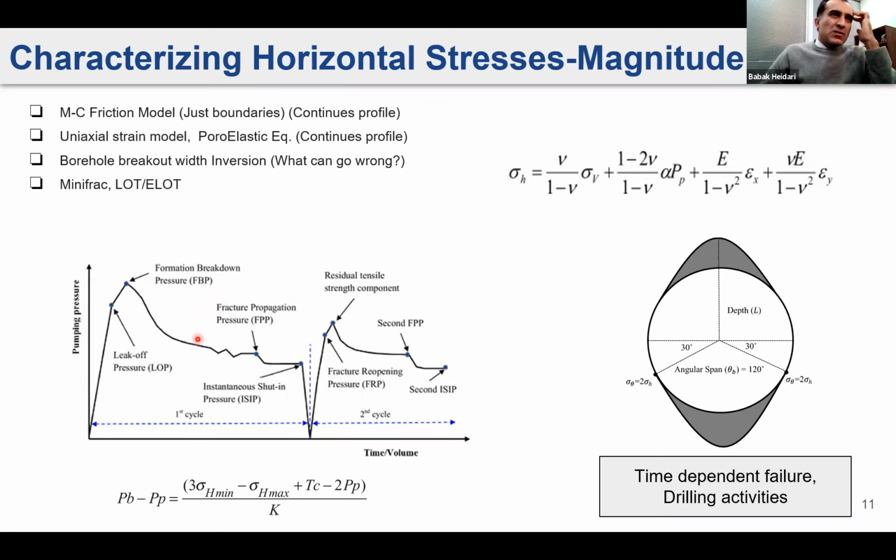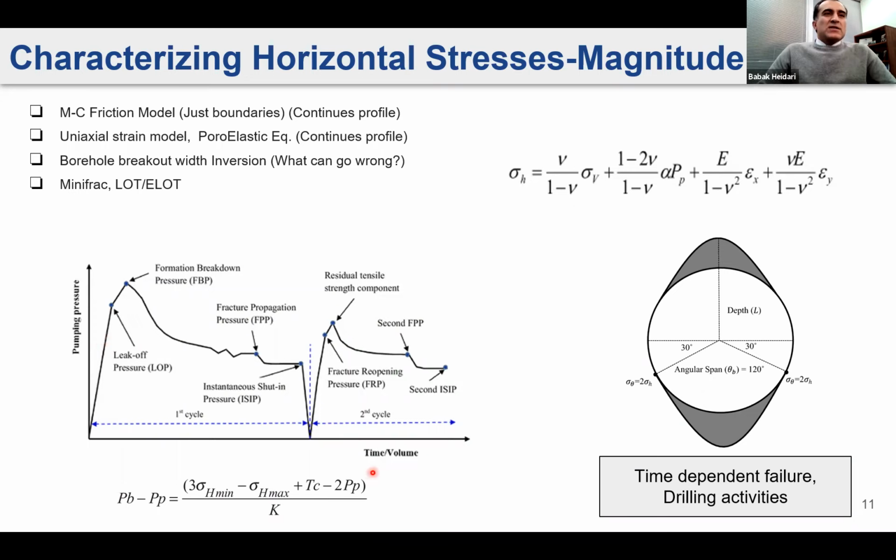And some people may argue that leak-off test and FIT, for example, are useless information. In my point of view, they are not useless. They can still be used as some guidance to calibrate and validate the model if there is no proper information. So you should not disregard any information here.